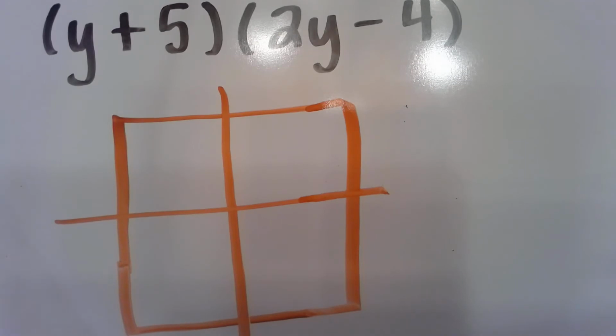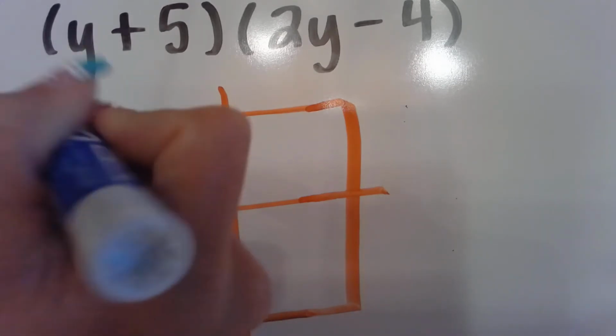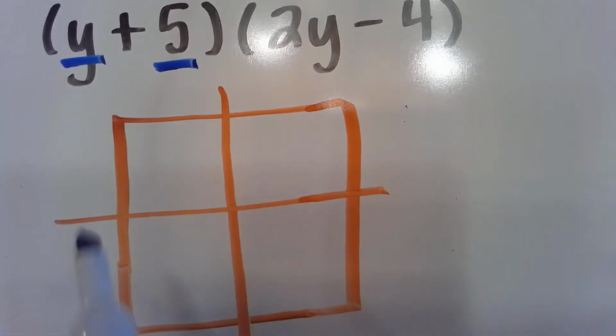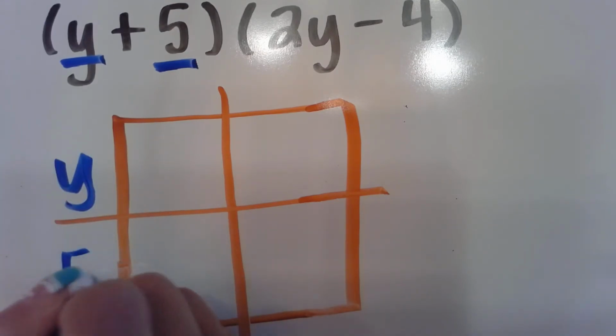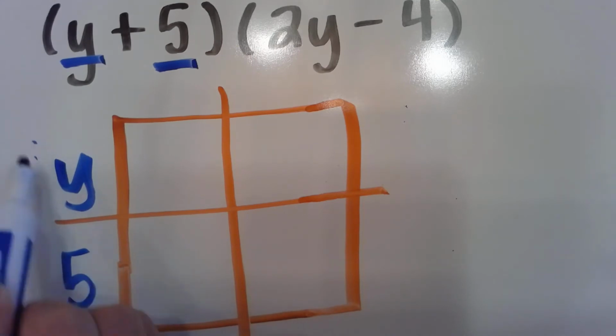So looking at our first binomial, we have y plus 5. So we're going to write y and we're going to write 5 here. Okay, and we can also know that our coefficient is this imaginary 1 if it helps you.